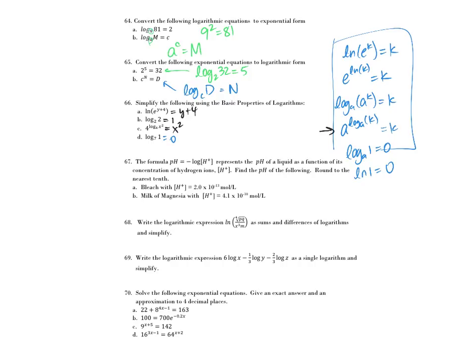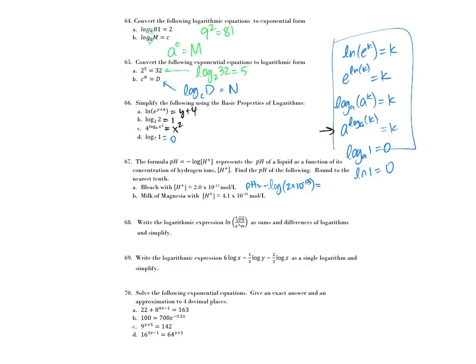So the pH is going to be negative log of that number. And so I just compute that. So negative log of 2 times 10 to the negative 13th.